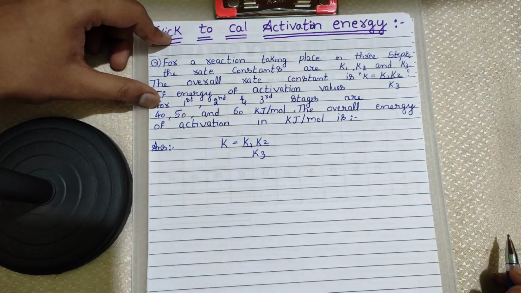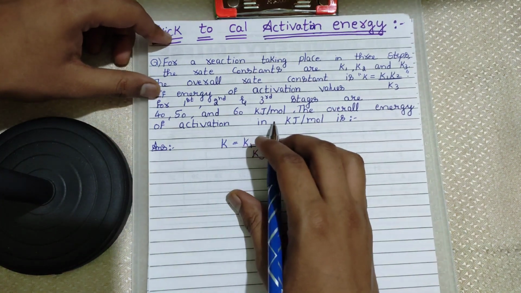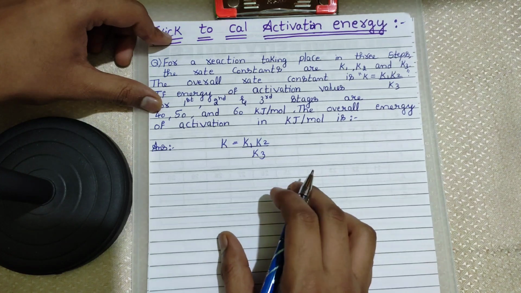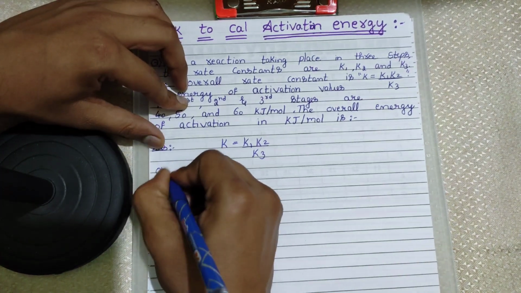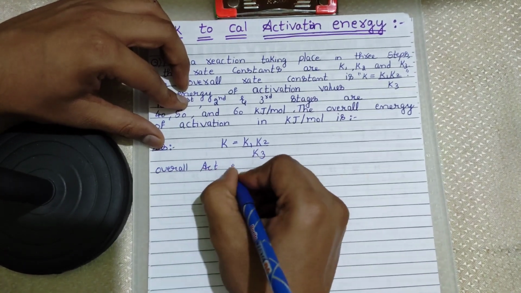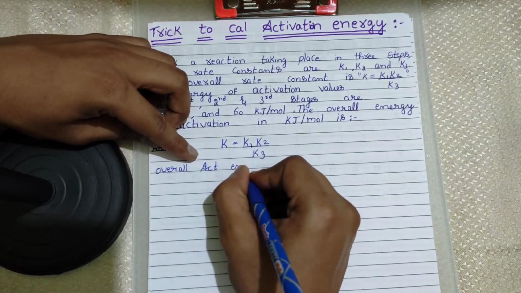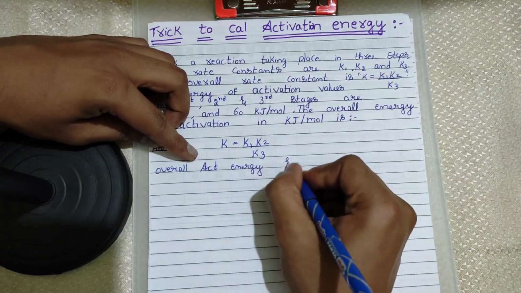Now, how to approach this problem? We have a separate formula for energy of activation calculation, but we need to calculate this with the help of a shortcut trick. Listen to what I am doing. What we need is the overall activation energy, EA.